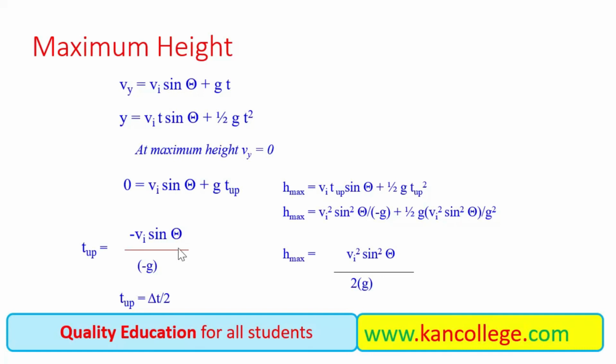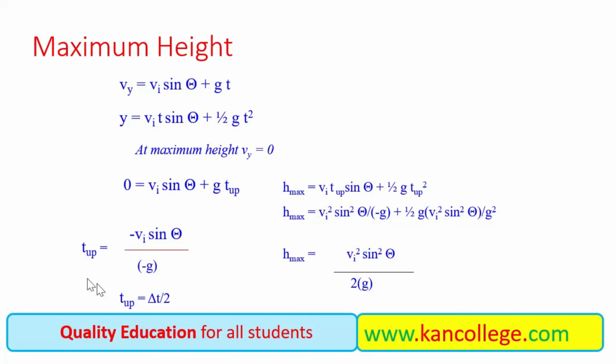The total time can be calculated by calculating the up time and multiplying it by 2. Now, for maximum height, I put the value of the max up time in the second equation, and we will find the height, or the vertical distance at the maximum height.